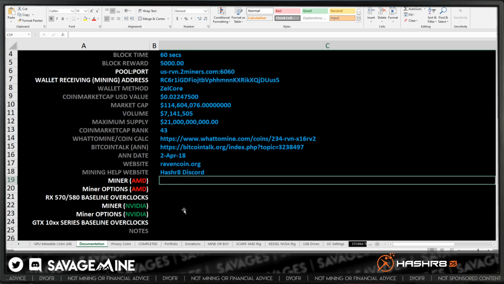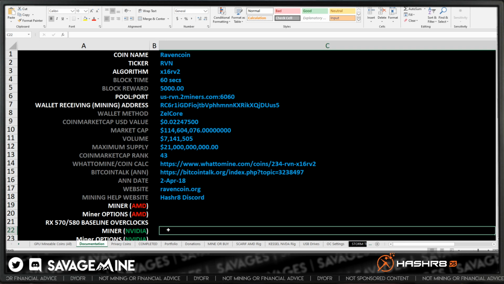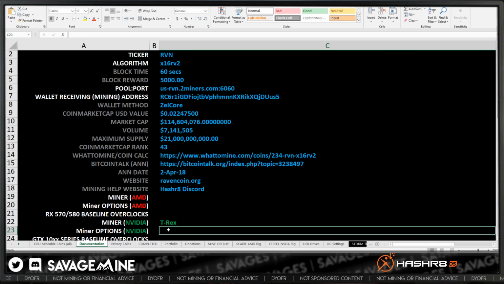So, all right. If you are mining Ravencoin, I would not suggest doing so on AMD. It's just really not efficient. We're going to go with NVIDIA, and we'll use T-Rex. If you were going to use AMD, there's several you could use, but was it Team Red Miner or something?